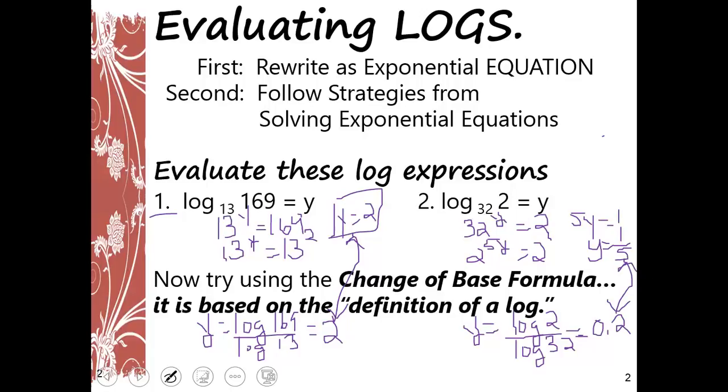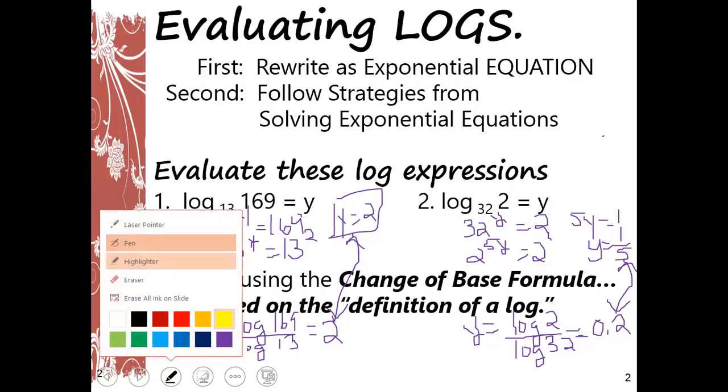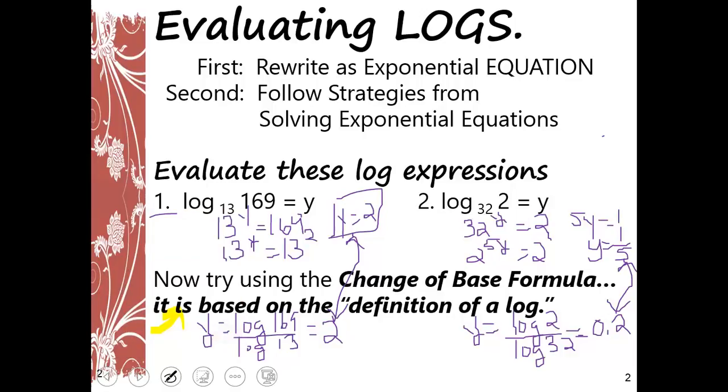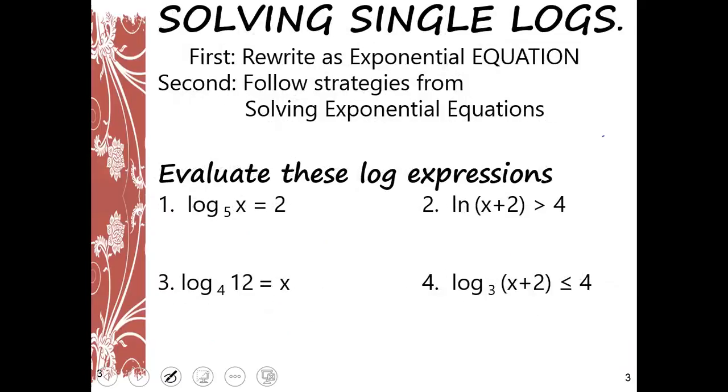So you can use either of these two techniques. You have to know this for some things, and this change of base is a really good tool to know, all right? So let's go back and work some more problems.